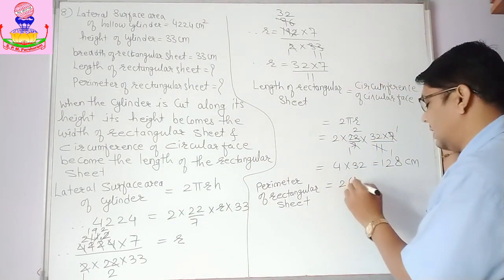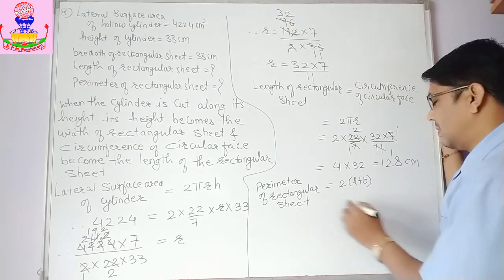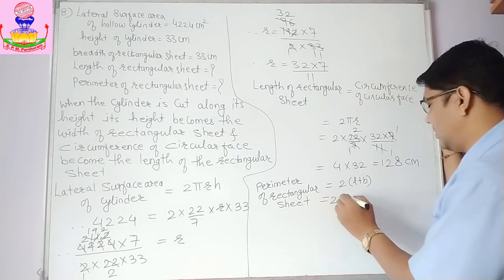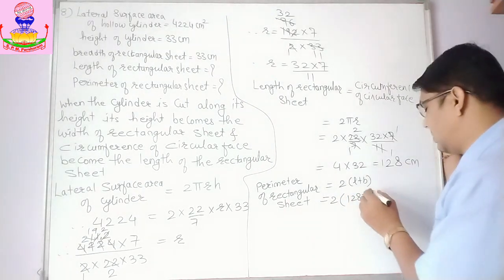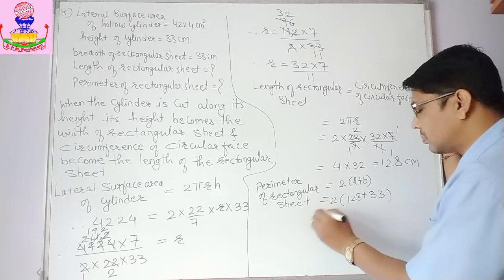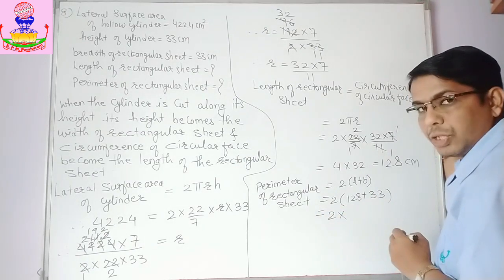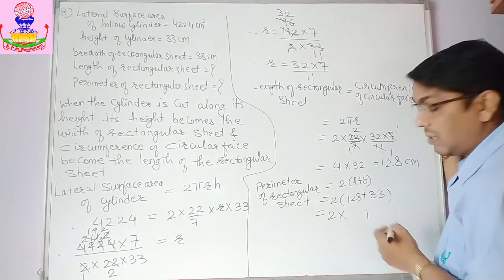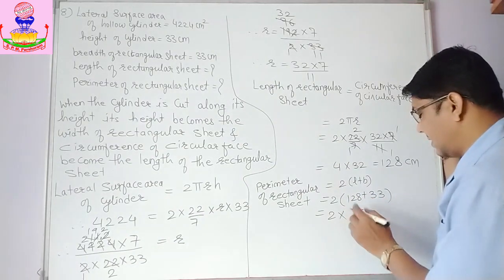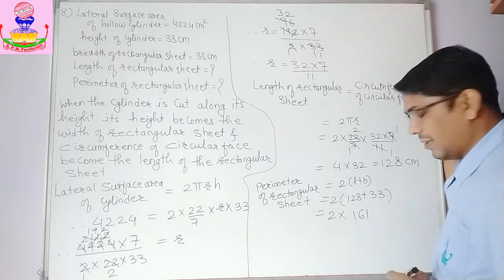So that is equal to what? 2 into bracket L plus B. So that is 2. What is the length? 128. What is the breadth? Breadth is 33. So 2 into 8 plus 3, 11. 1 carry on. 3 plus 2, 5. 5 plus 1, 6. And 1.